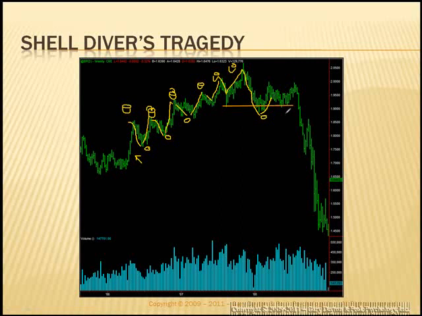He doesn't have any air, and he drowns because his basket is way up in here. And as he drowns, he goes down to the bottom, and down he goes. Well, that's the story of the shell diver and his tragedy.